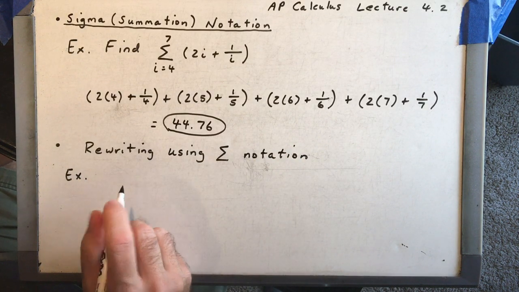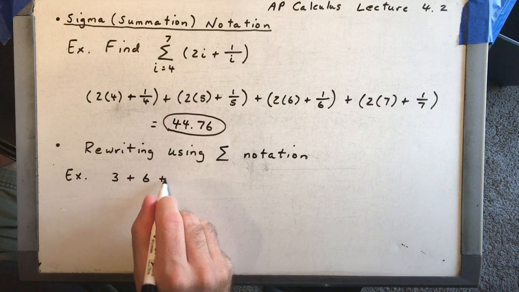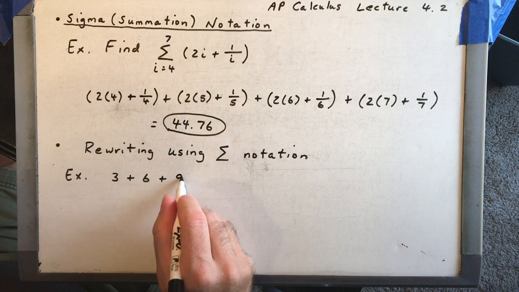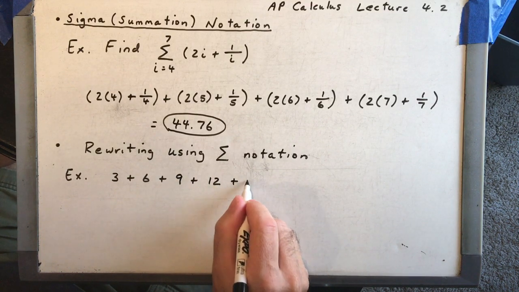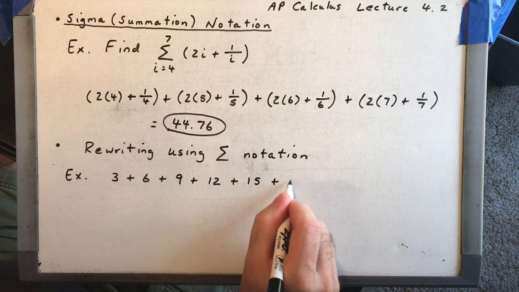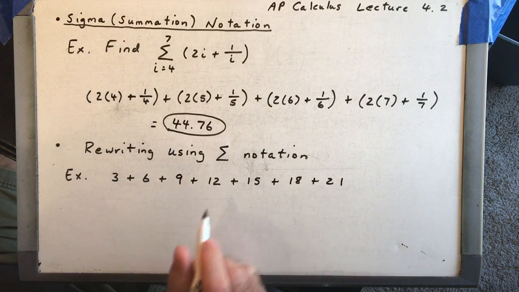Okay, so our example is, let's say we have 3 plus 6 plus 9 plus 12 plus 15 plus 18 plus 21.